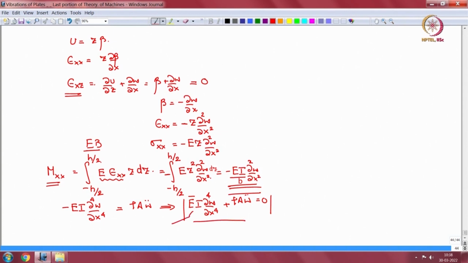This I is BH cube by 12 and this A is BH, the area of the cross section.